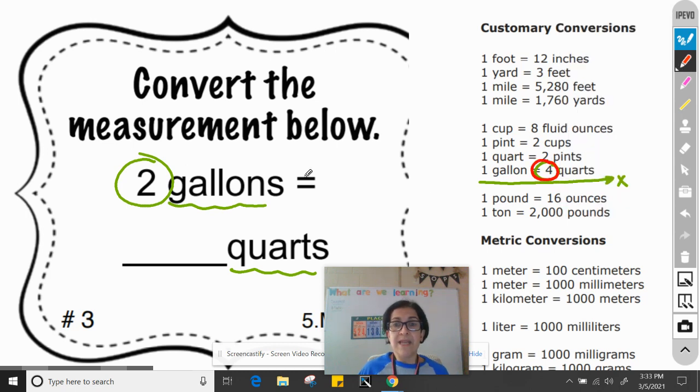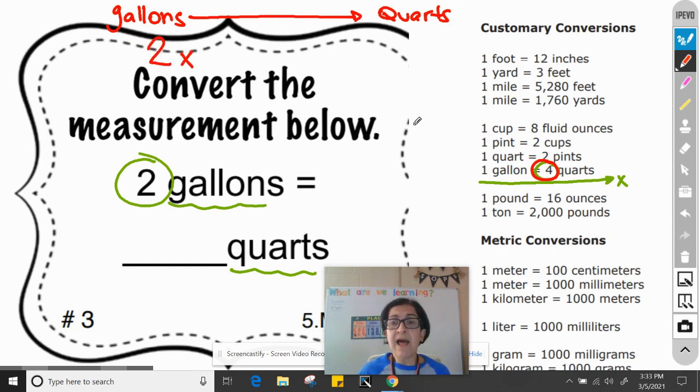So how many gallons? And one way sometimes I like to write is I like to write gallons and I'm going to quarts. And I decided that I have to multiply. Well, what is the number of gallons? 2. And you multiply by that 4 equals the number of quarts, which is 8 quarts.